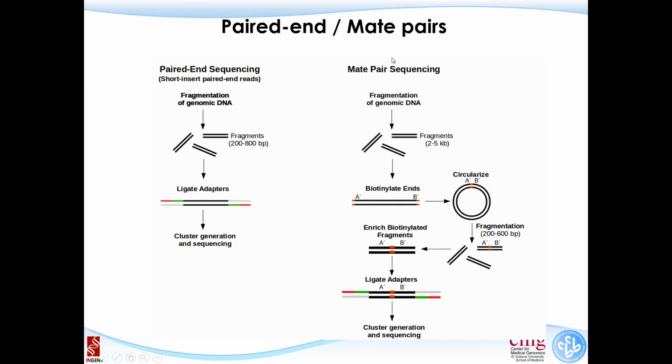For mate pair sequencing, the fragment is very long. So among many other things, you add biotin on the two ends and then circularize the molecule. Then you further fragment it, and use the biotin to capture the pieces that carry it.